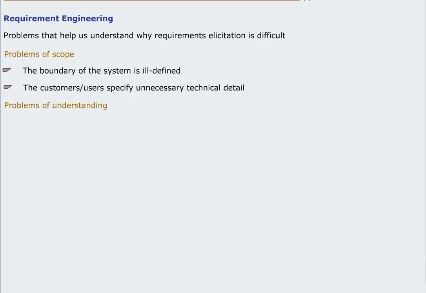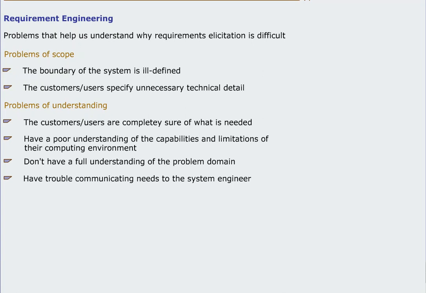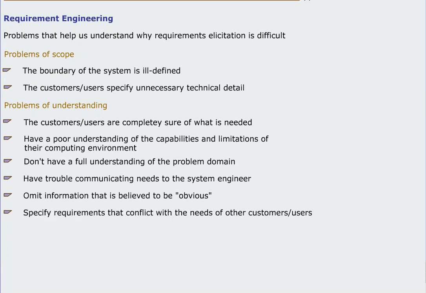Problems of understanding: the customer's users are not completely sure of what is needed, have a poor understanding of the capabilities and limitations of their computing environment, don't have a full understanding of the problem domain, have trouble communicating needs to the system engineer, omit information that is believed to be obvious, specify requirements that conflict with the needs of other customers' users, or specify requirements that are ambiguous or untestable.